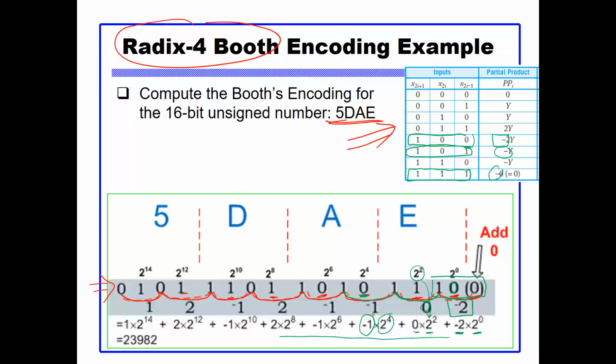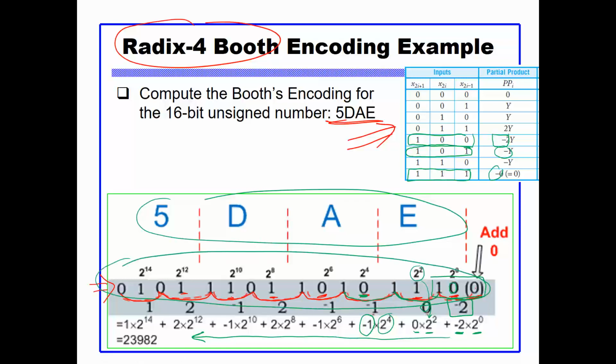Continue producing all these digits. If you multiply them the correct way, you will get 23,982, which is the value of this hex and of this binary number. So now the Booth encoding digits are 1 2 -1 2 -1 -1 0 and -2.